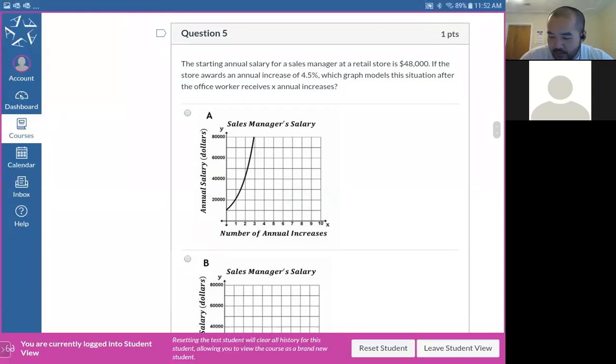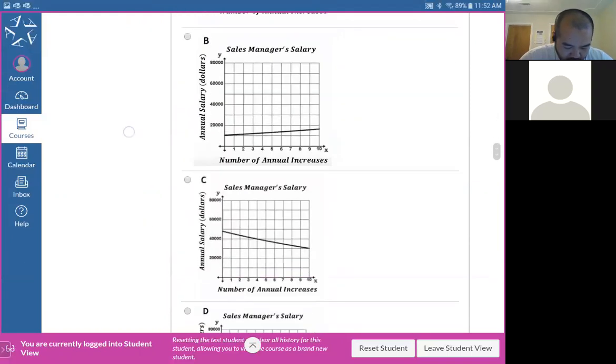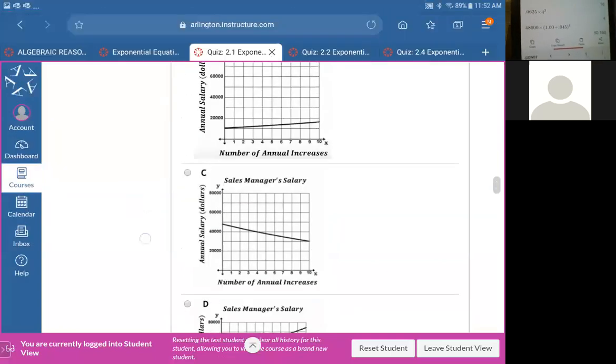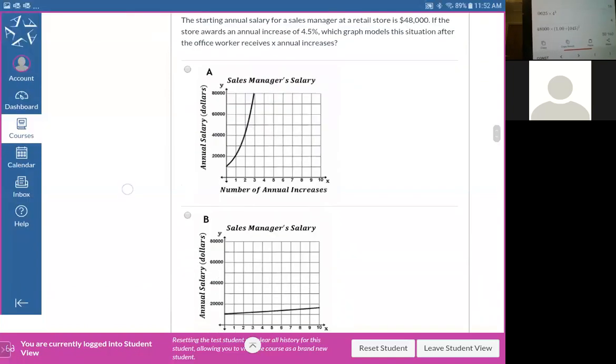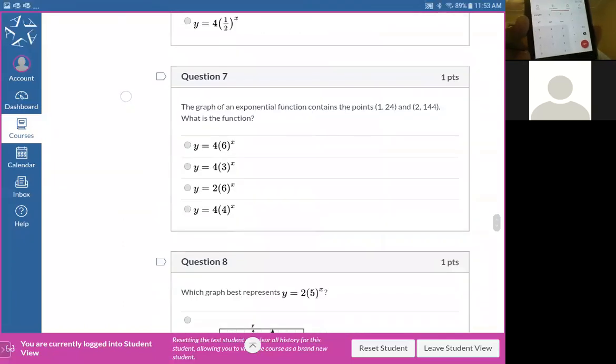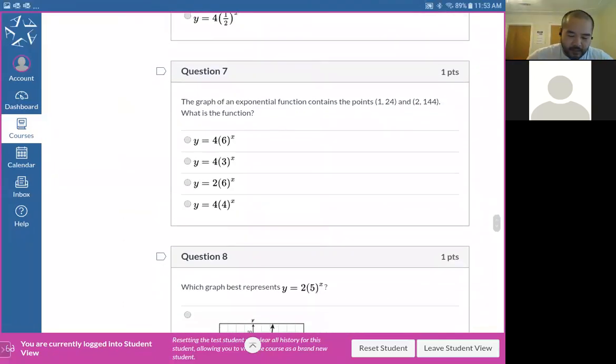It's just the regular kind. Wait, yes, we do. Ah, there it is. So 1.00 plus 0.045. This is the equation you're looking at, and then you just change that exponent to whatever you need it to be for your graph. It's definitely going to be going up, because if you get an increase, it's not going to be B here. So just plug these in. It'll work.